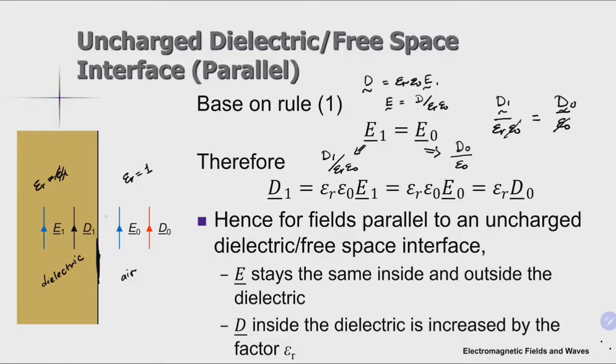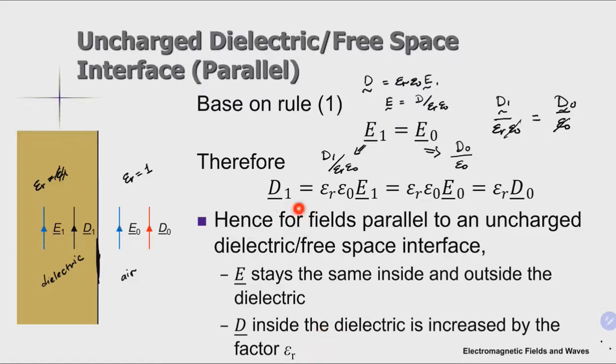So for the field parallel to an uncharged dielectric free space interface, E is always the same inside and outside of the dielectric. The electric field inside, E1, and the electric field outside, E0, are equal, they are the same. But D, the electric flux density inside the dielectric, is increased by a factor of epsilon r.